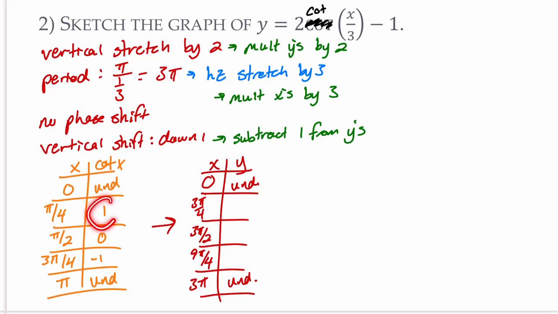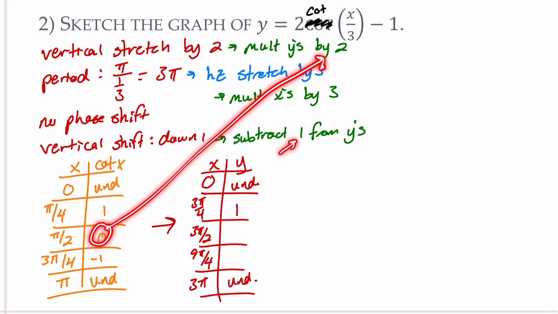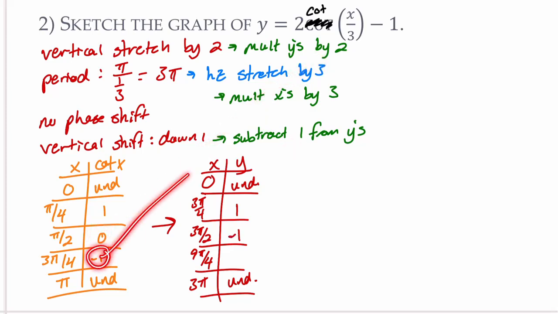So we're going to take the 1, multiply it by 2, so that's 2, and subtract 1, which puts us back at 1. And then 0, multiply that by 2, that's 0, and subtract 1, that's negative 1. And then negative 1, multiply that by 2 is negative 2, and then subtract 1 makes negative 3.